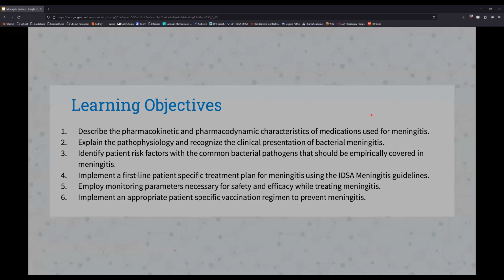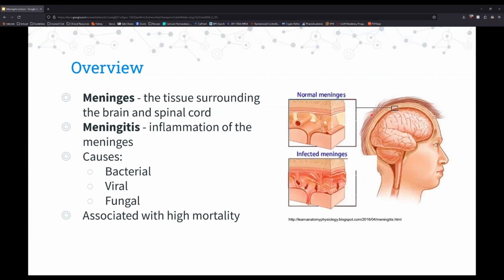All right. So our overview for the day. The meninges is what is covering our central nervous system. This is a thin tissue that is surrounding the brain and spinal cord, as we can see here. In meningitis specifically, the meninges becomes inflamed due to various reasons, which can include bacterial, viral, fungal, and we'll talk more about the differentiations of each one later on, but we'll take a great focus on bacterial meningitis.